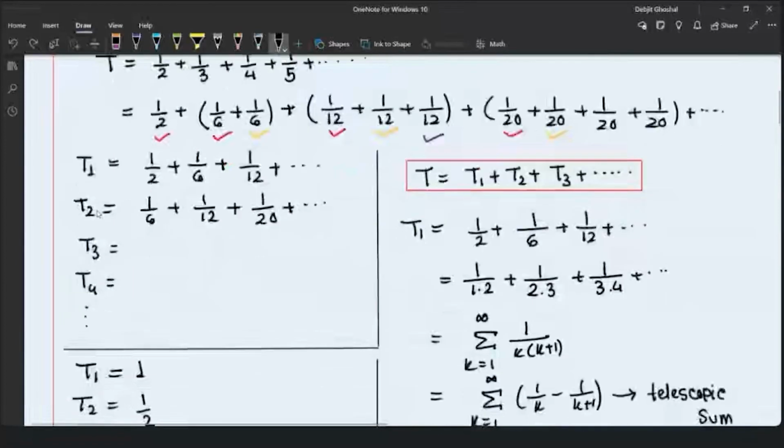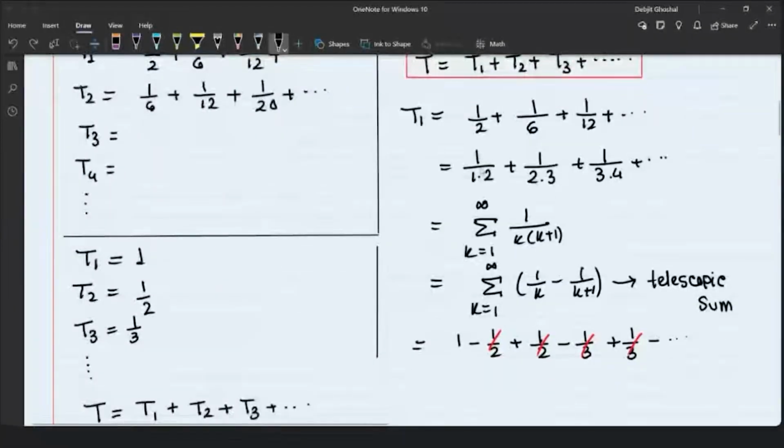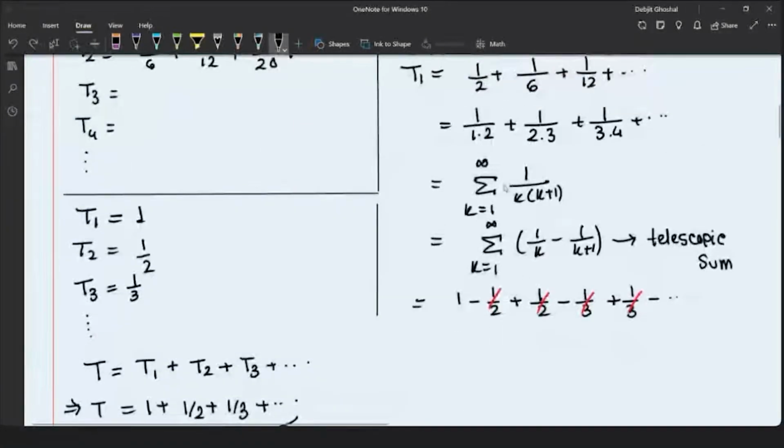If I look at the series 1 by 2 plus 1 by 6 plus 1 by 12, I can write it as 1 by 1 times 2 plus 1 by 2 times 3. I'm trying to find the pattern in this series. If I formulate this, I can write it as the summation over k equals 1 to infinity of 1 by k into k plus 1.